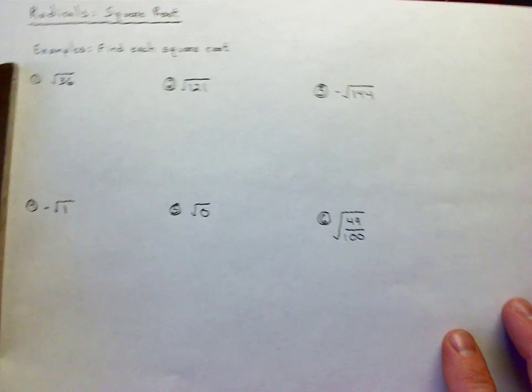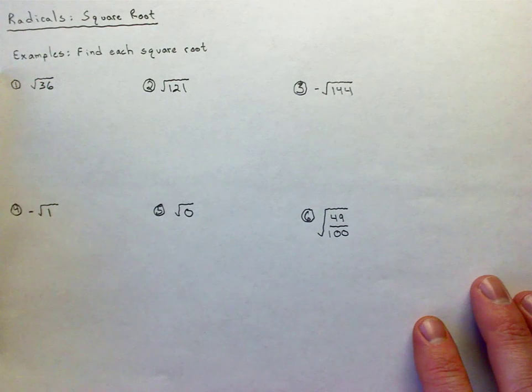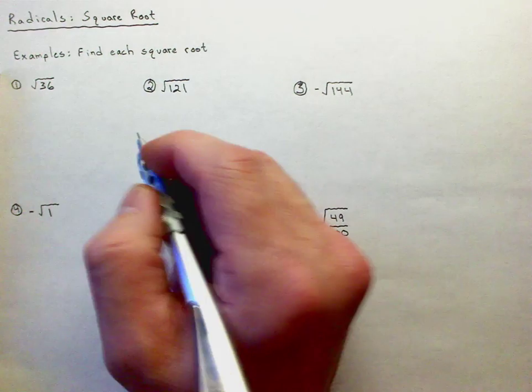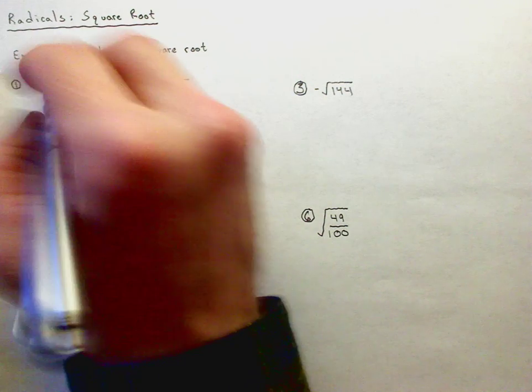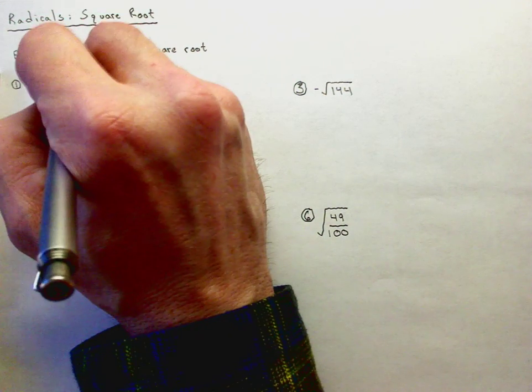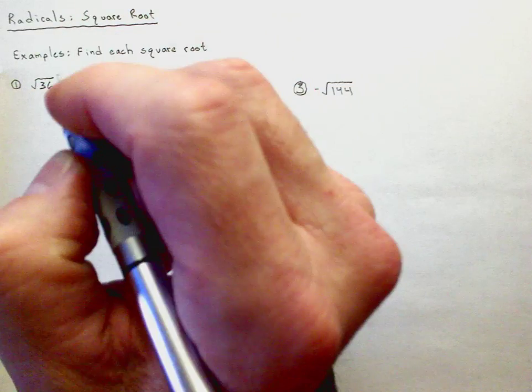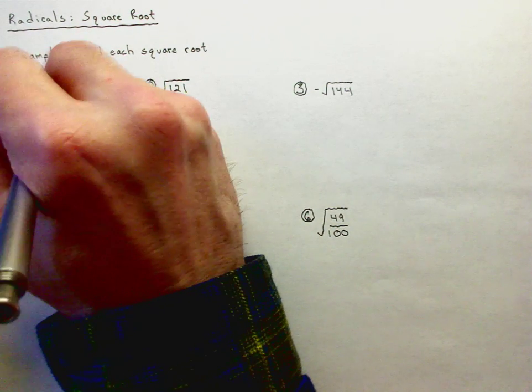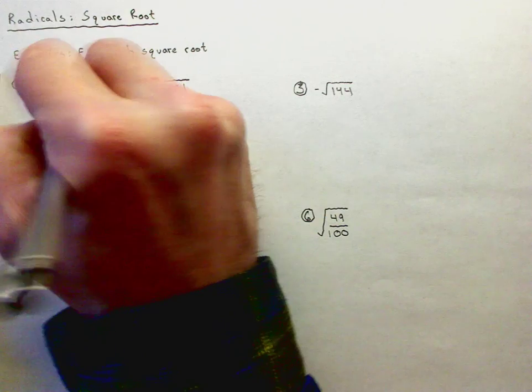So here we have some problems. Find each square root. The radical 36: the square root of 36 is equal to 6 because 6 squared equals 36.